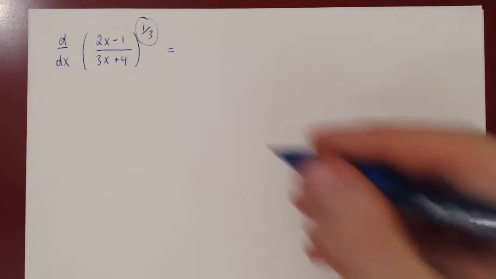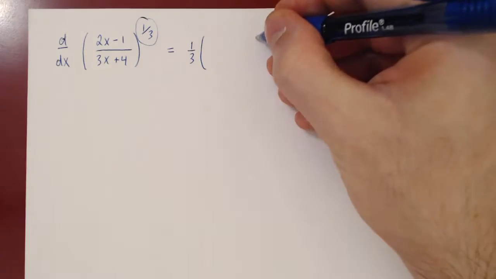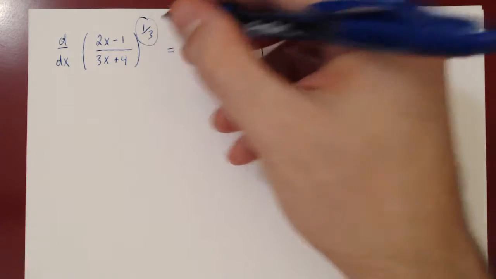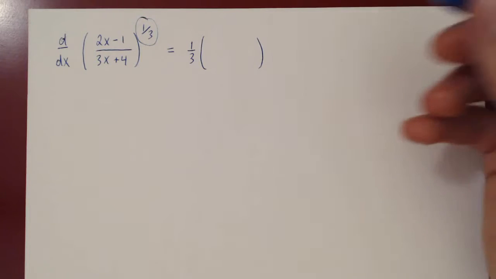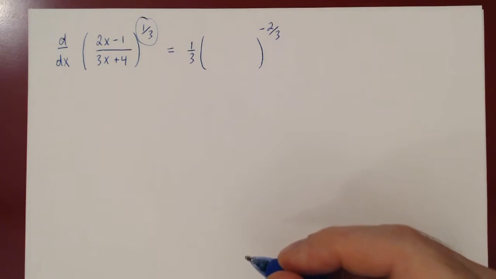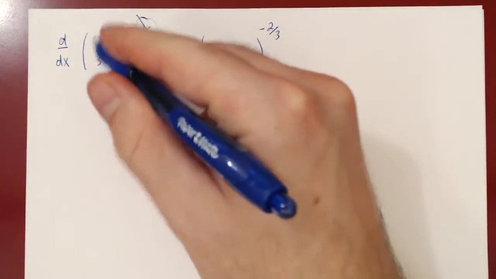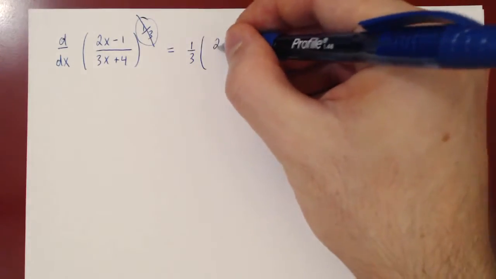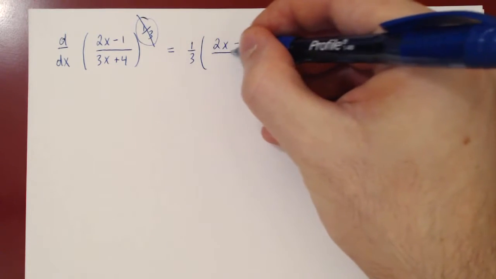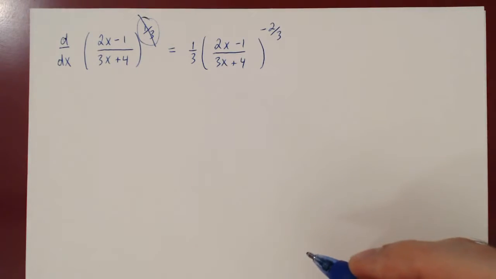We use the power rule, bring the exponent down, subtract 1 from the exponent. 1/3 minus 1 is negative 2/3. And it is the derivative of the outside function at what's inside, (2x minus 1) over (3x plus 4).